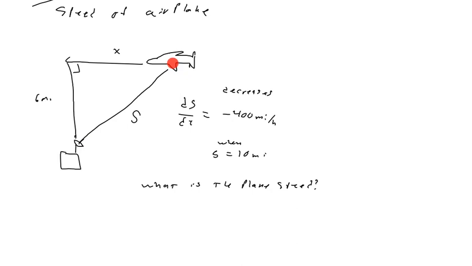What is the horizontal speed of the plane? So we're triangulating the speed of this plane by using this right triangle and some knowledge we have about the hypotenuse of the triangle to get the horizontal distance and speed of the plane.